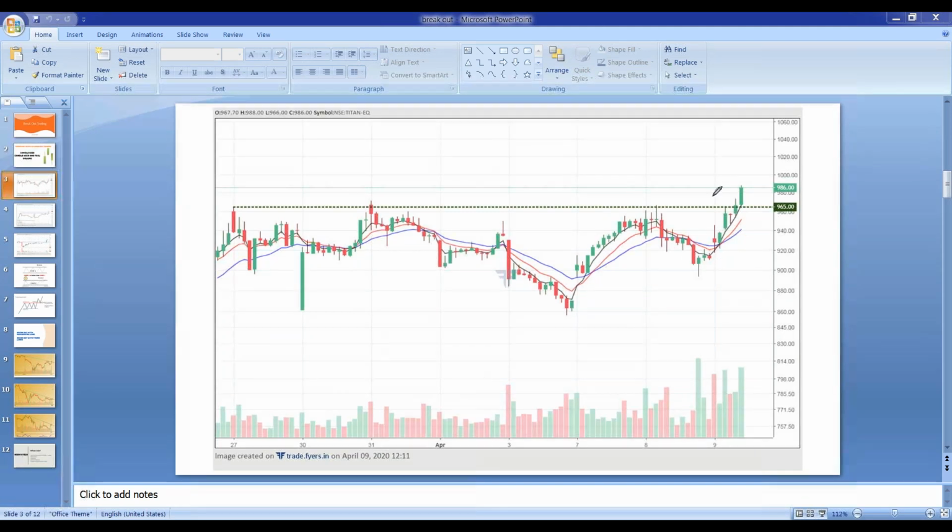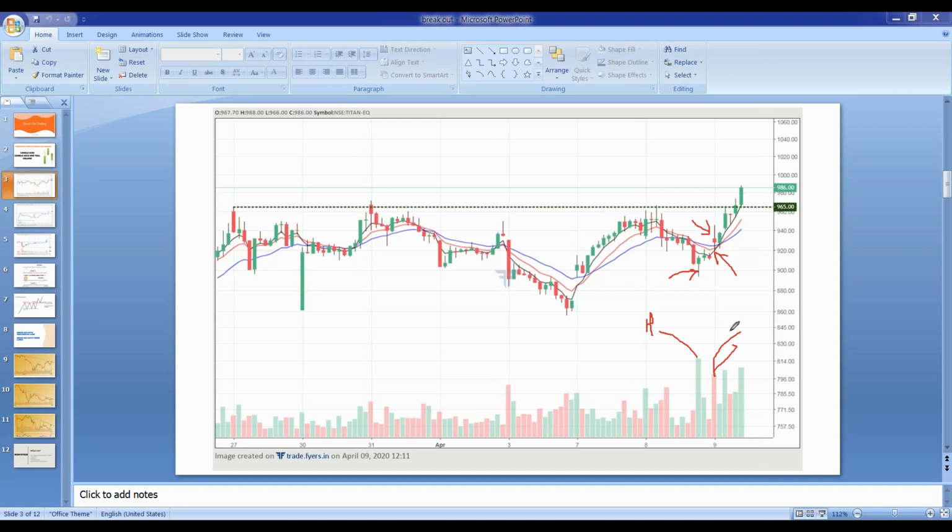If you see this red candle I am talking about, the volume is also higher. This is one of the candles which has volume on a higher side, but if you compare this volume to this volume, you will see that the volume of this candle is higher comparative to the volume of this candle.